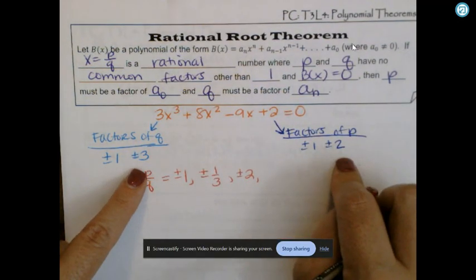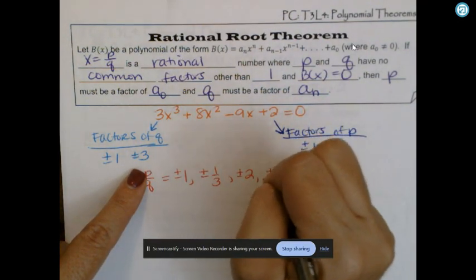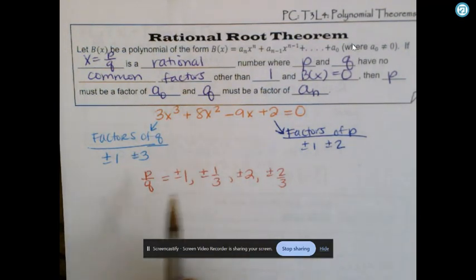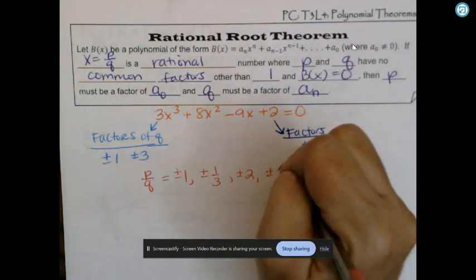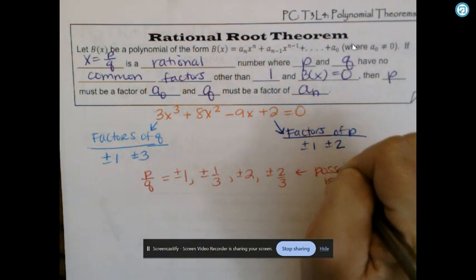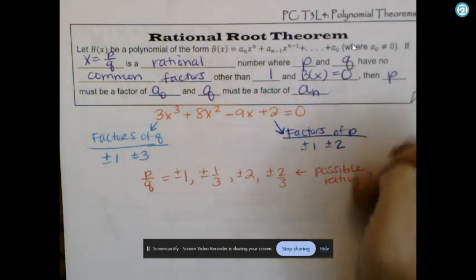And 2 over 3 gives me 2/3. So there's 8 roots here, and we are guaranteed that at least one of them is going to work. We hope. So these are all of your possible rational roots. We could always have imaginary, remember.